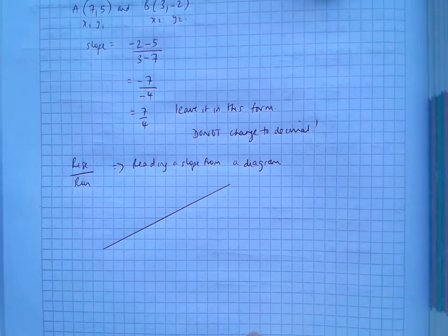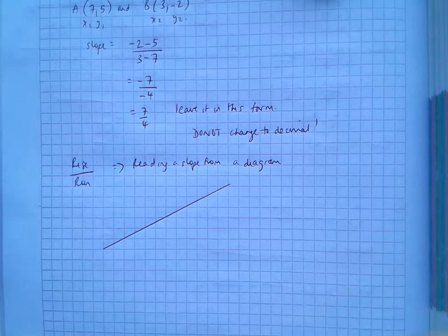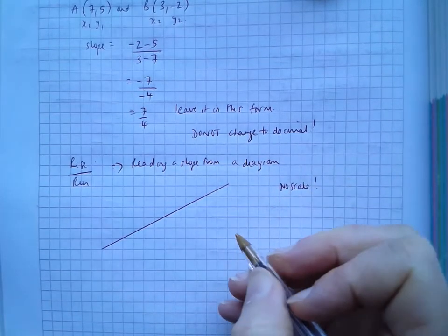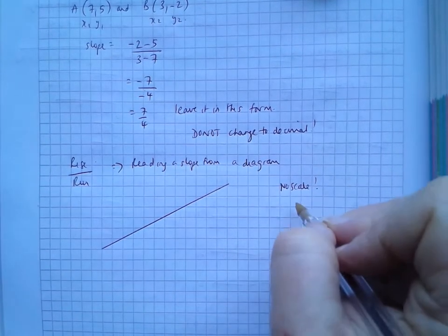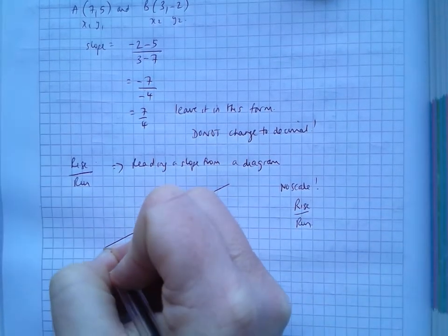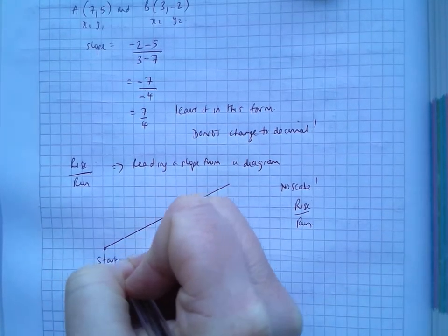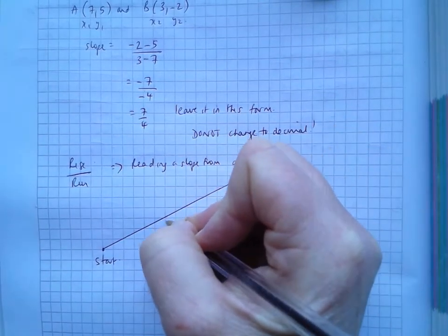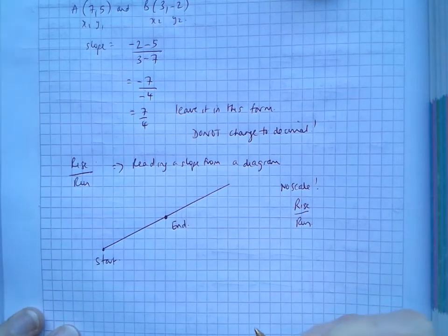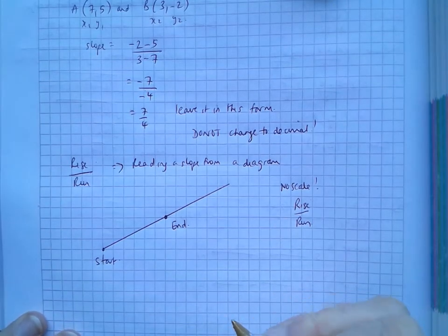There's no scale, so that's a problem. But there are these boxes, and I can still work out rise over run. I need a start point and an end point. Let's take this one here as the end point.